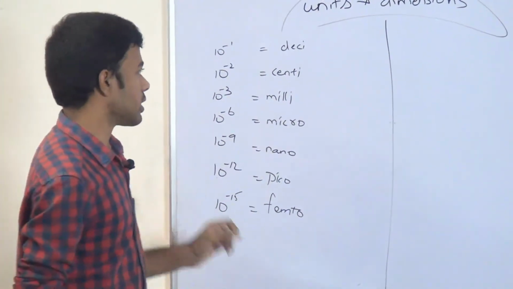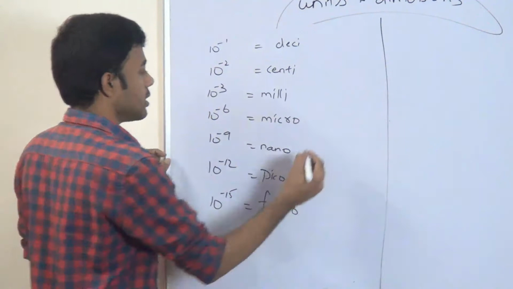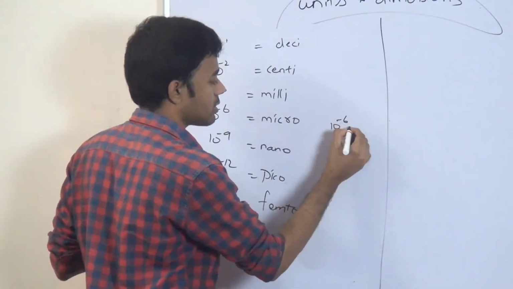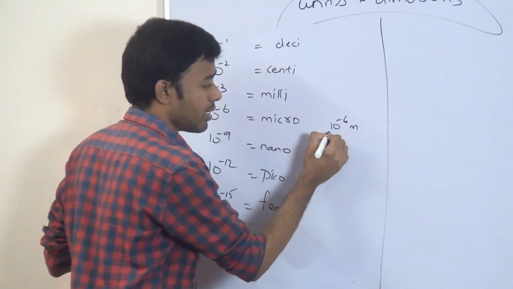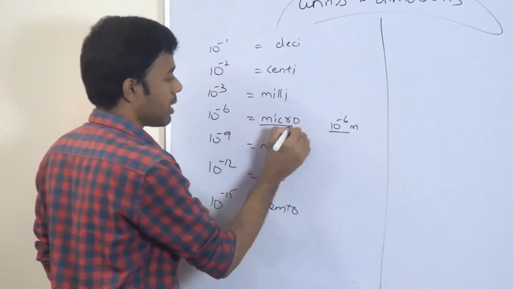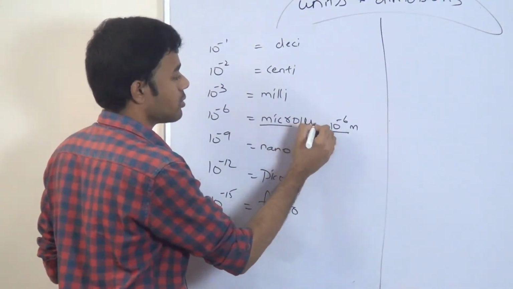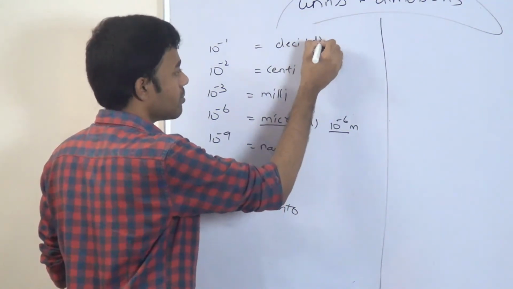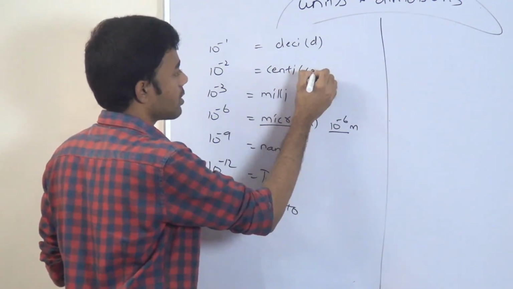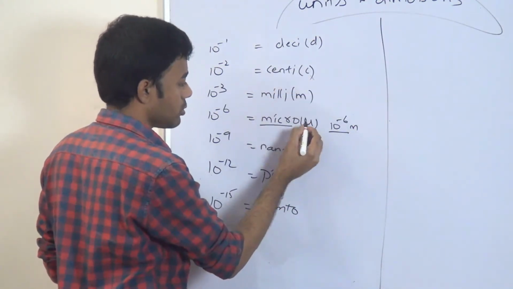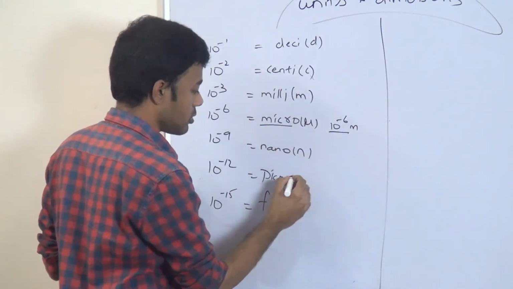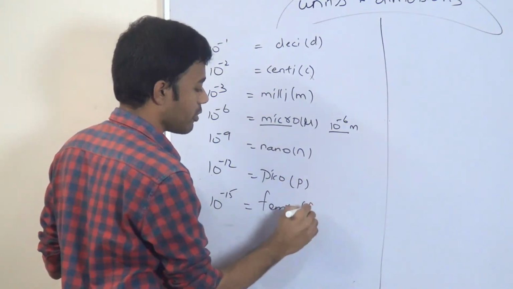Suppose if you want to write a physical quantity like 10 power minus 6 meter, we know that 10 power minus 6 is micro. So here we have each and every symbol for each and every quantity: centi, milli, micro, nano, pico, and femto.